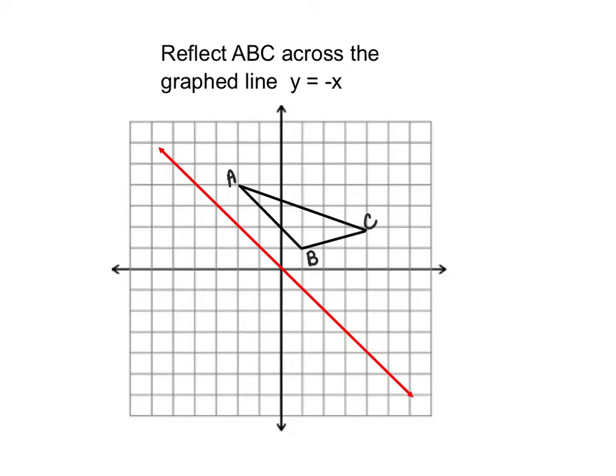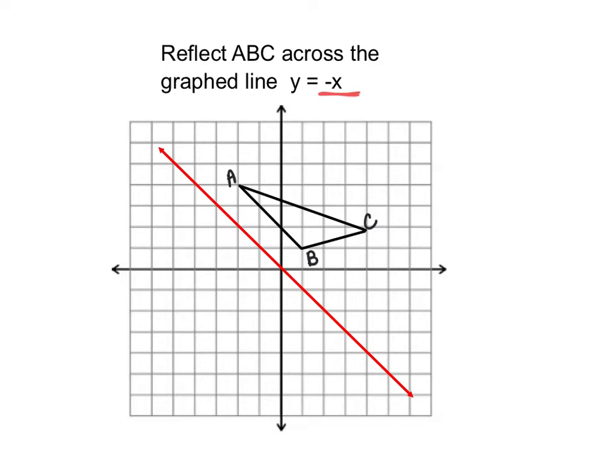This example is a little bit more interesting because I can see I have a diagonal line here given by the equation y equals -x. So in order to perform my reflection here, I need to make sure that when I connect the point to its image, that line is perpendicular to my line of reflection.